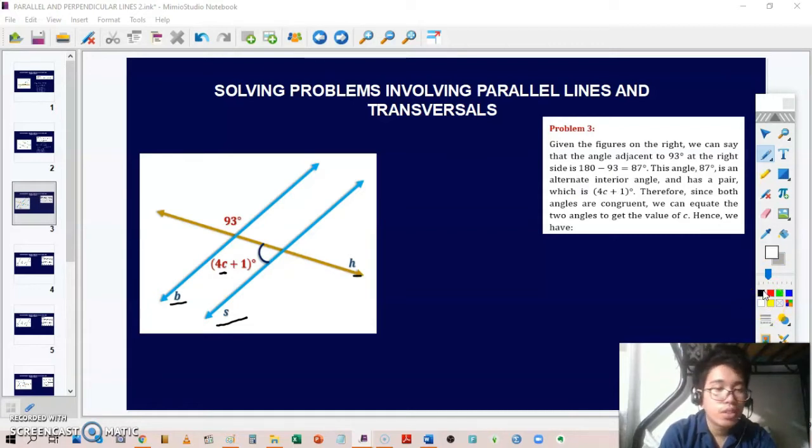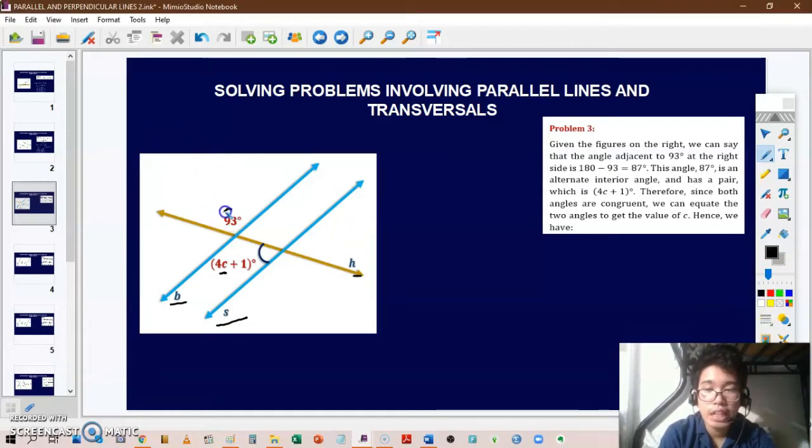The first thing that we notice here is that we have a 93-degree angle. The relationship that we want to find between these two angles, we want to get the measurement of this angle, because if we get the measurement of this angle, then we get the measurement of angle 4C plus 1 degrees, since those two angles are alternate interior angles.